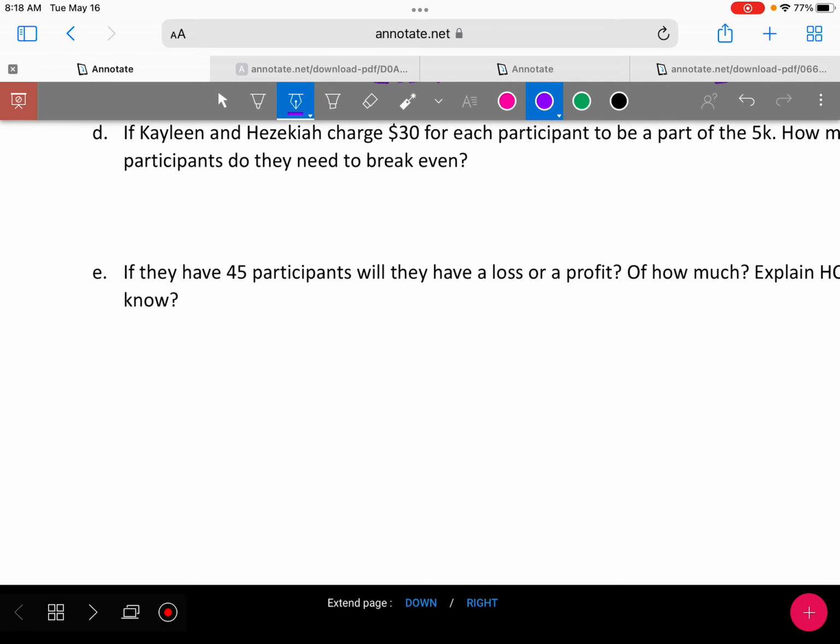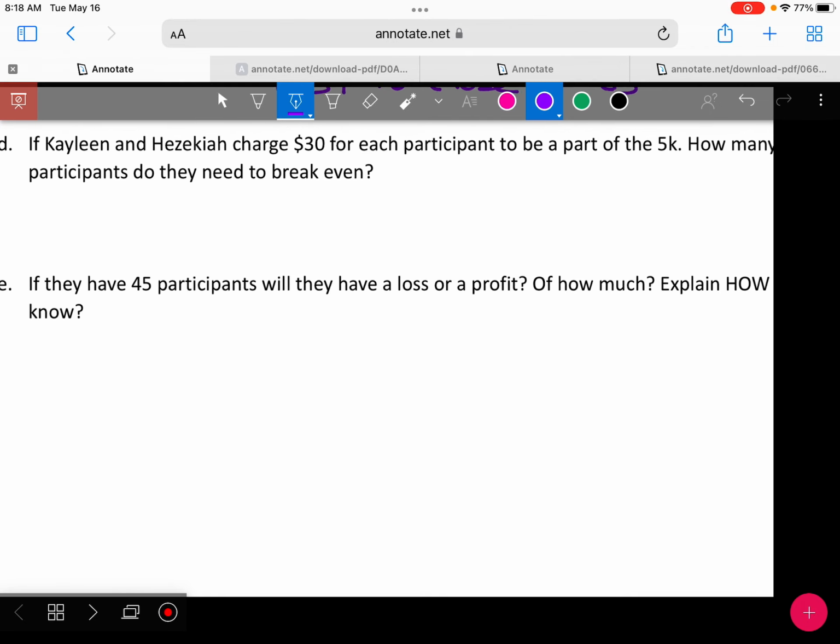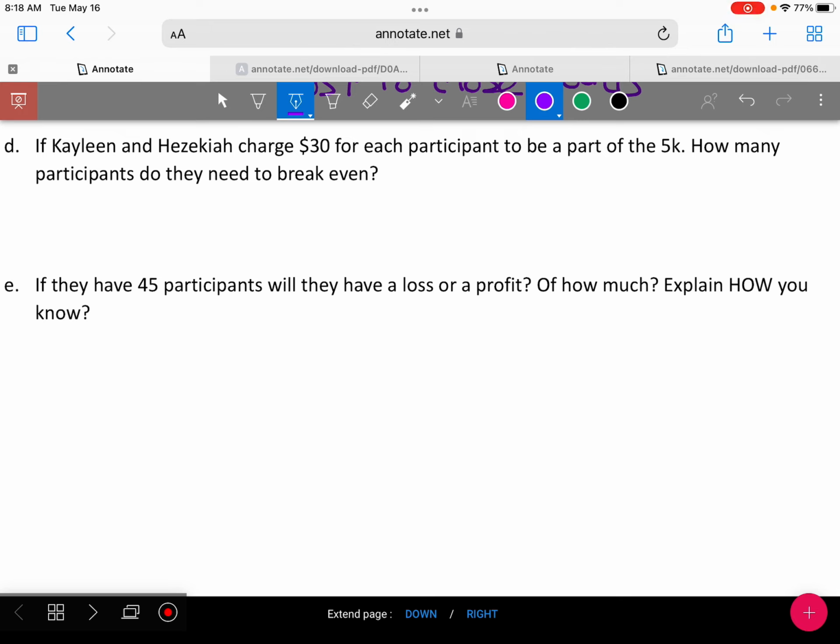Part D, we're going to look at it separately for a second. If they charge $30 for each participant to do the 5K, we're going to write an equation first for how much money they're going to make. So what equation is that going to be? y equals 30x.